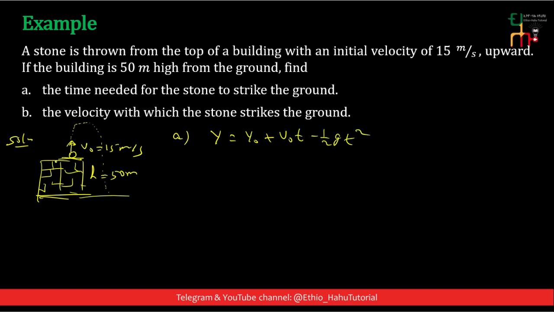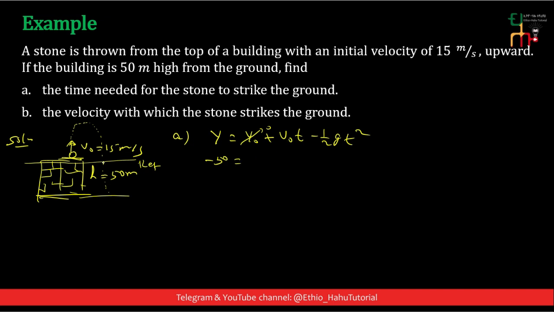If we take this as our reference point, from the reference point y0 is 0, but the stone falls down to the ground 50 meters below the reference point. Therefore, we use minus 50 here. This is equal to y, minus because the particle moves below the reference point. That's why we use negative 50.